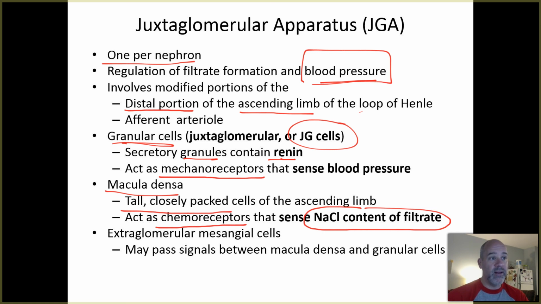So these macula densa cells are looking at what the sodium chloride content is. We've heard of chemoreceptors before that sense things like carbon dioxide concentration and oxygen concentration in the blood. These cells can detect changes in sodium chloride content. They're looking to see whether it's too high.